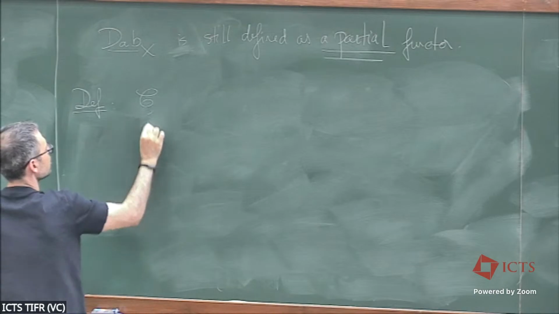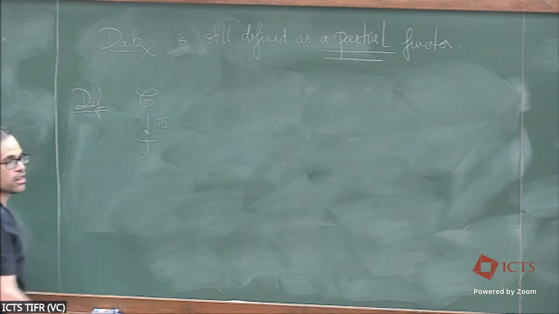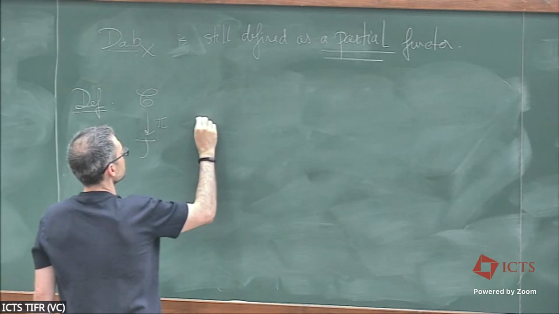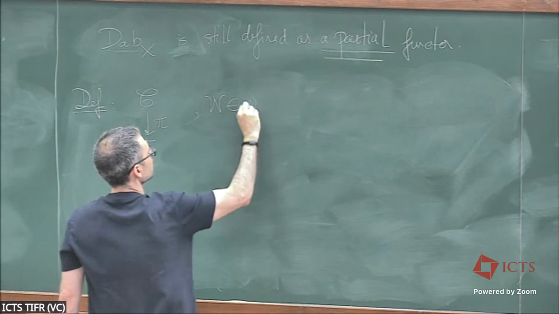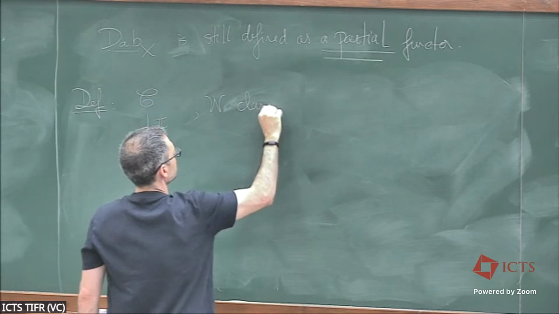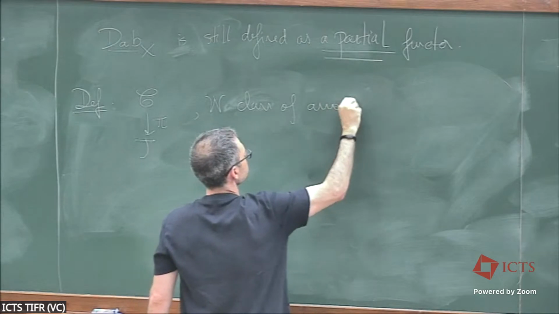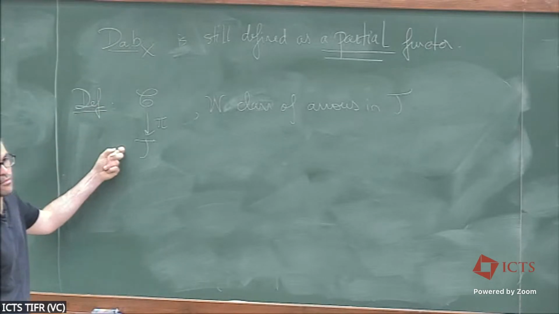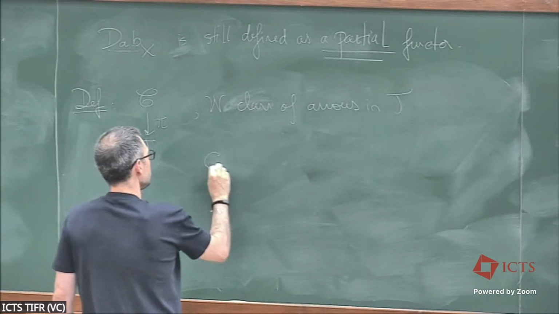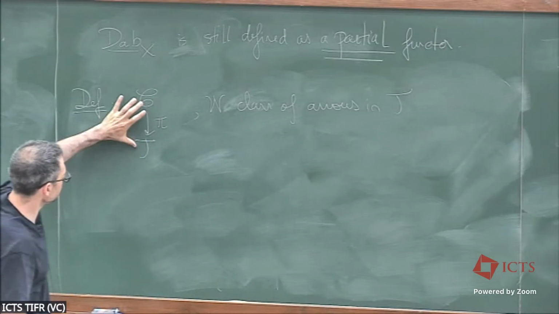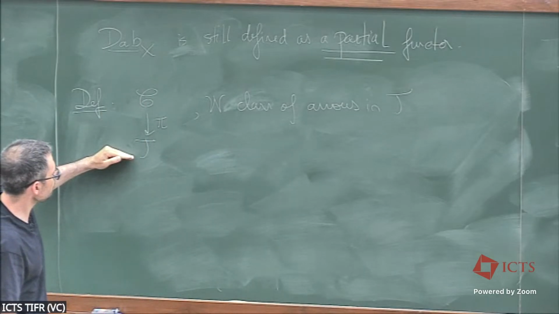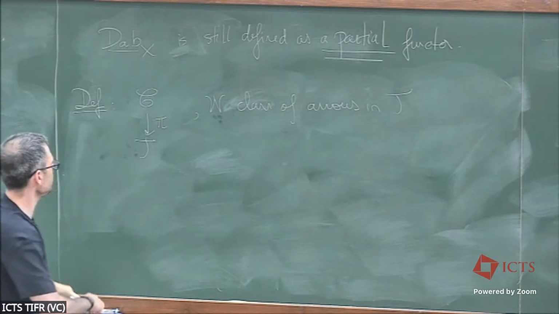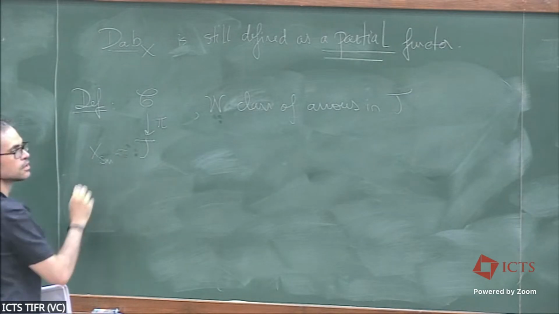If I have just a functor between two categories, I have a class of arrows W in T. I can look at those functors that admit Cartesian liftings for all maps in the class W. And W in my case is étale, and in this case, T is X smooth. Okay?